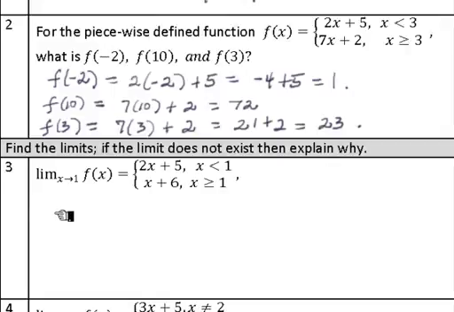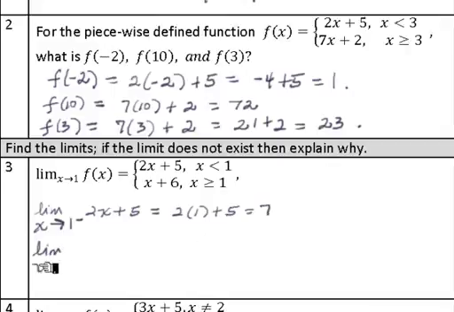So let's do that. The limit as x goes to 1 from the left, the little minus is from the left, well, we would use the top expression. We can just substitute in 1. And we have 7. Now let's do the limit as x goes to 1 from the right, x greater than or equal to 1, use the bottom expression.